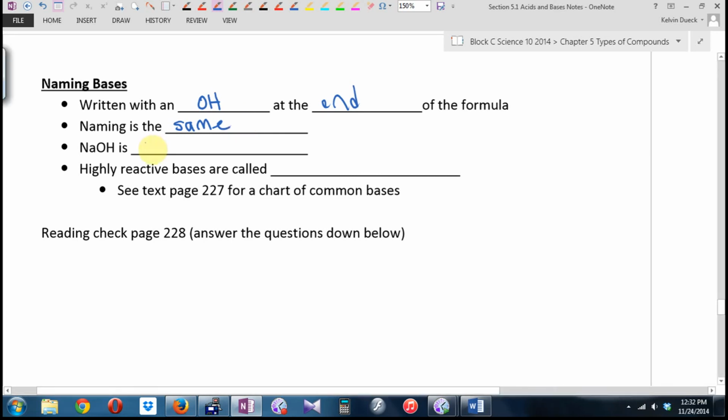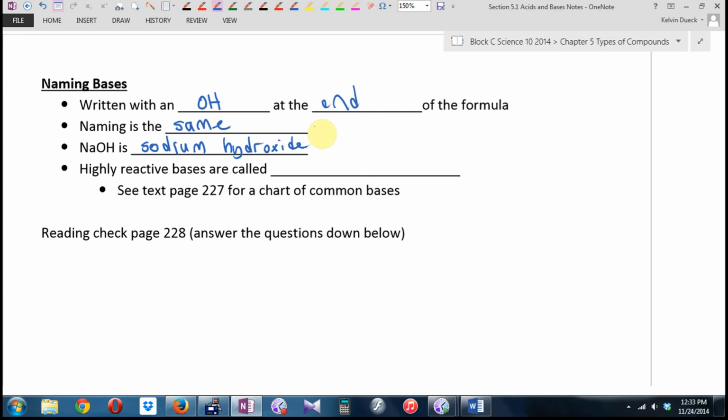So NaOH is going to be sodium hydroxide. KOH would be potassium hydroxide. Calcium hydroxide would be, calcium is +2, Ca(OH)2, but calcium hydroxide.